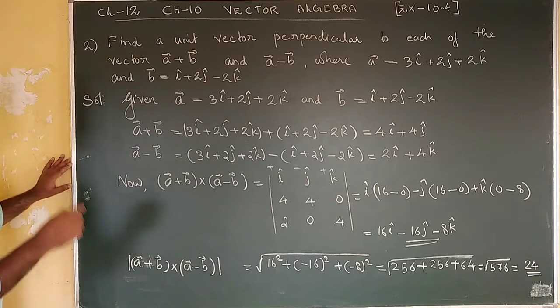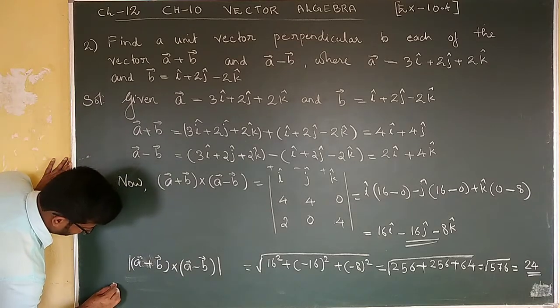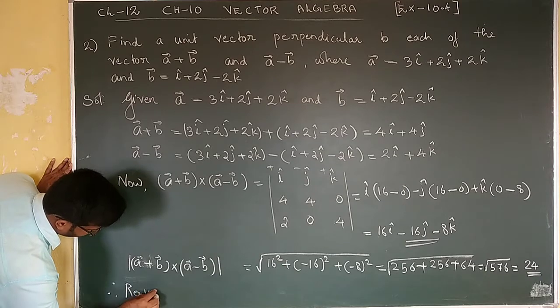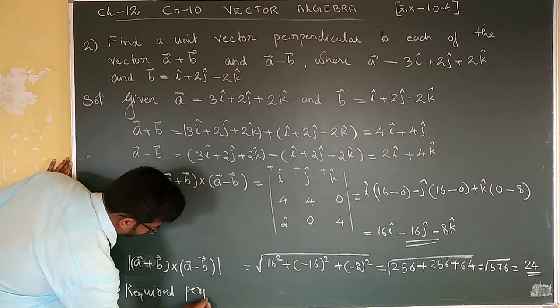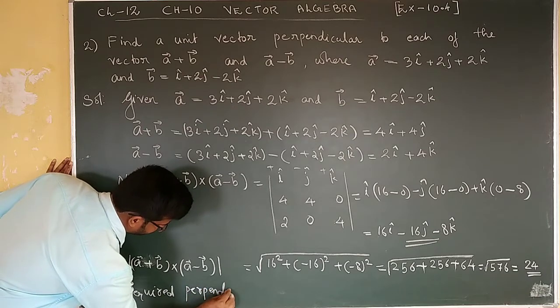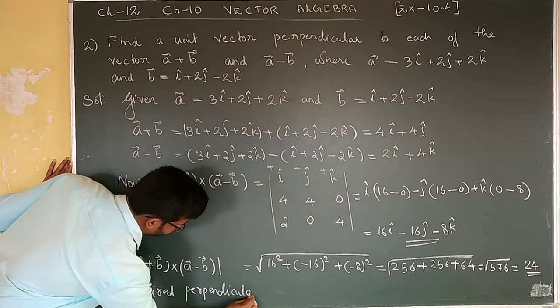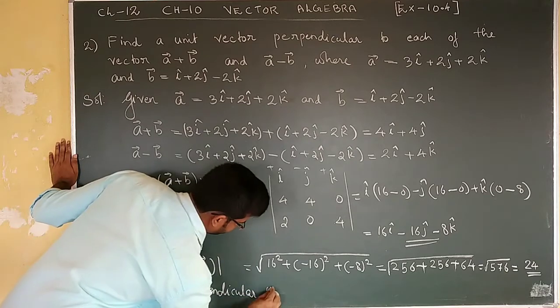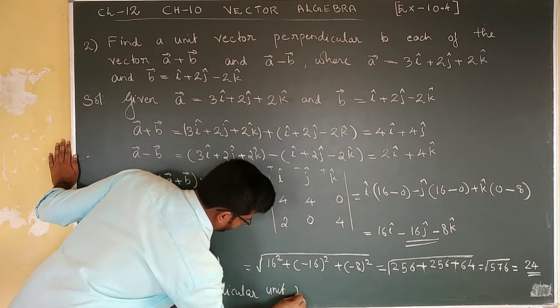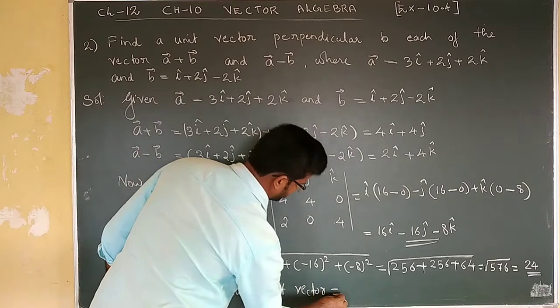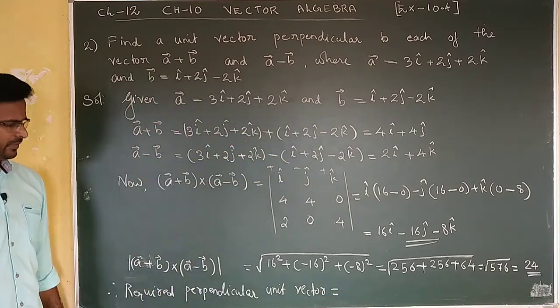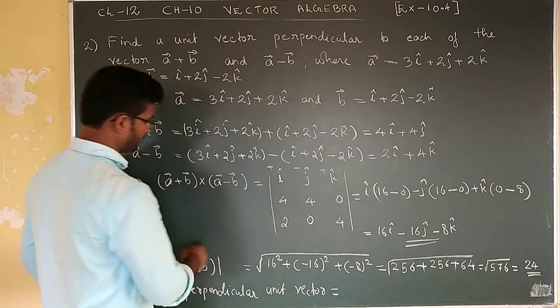Now we can find the unit vector. Therefore, the required perpendicular unit vector equal to, how to find the unit vector?